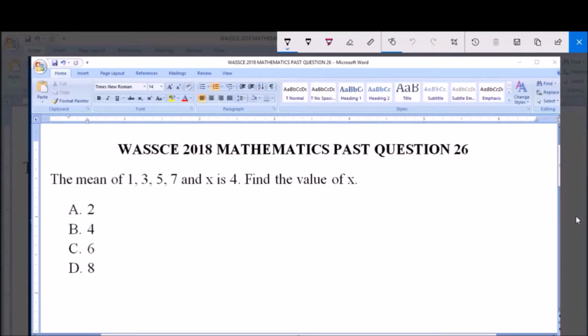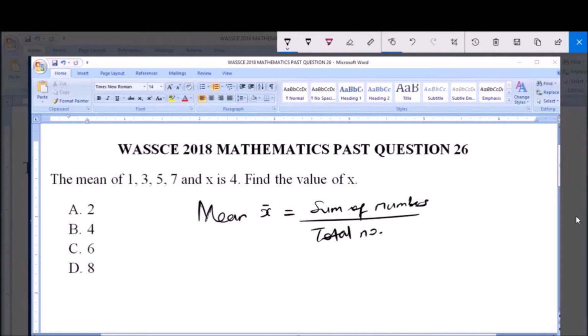The value of x. Now, like we know, mean is equal to the sum of numbers or variables given all over the total number of these numbers, and it is stated that the mean is equal to 4.